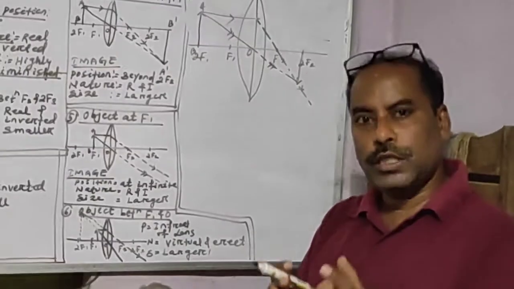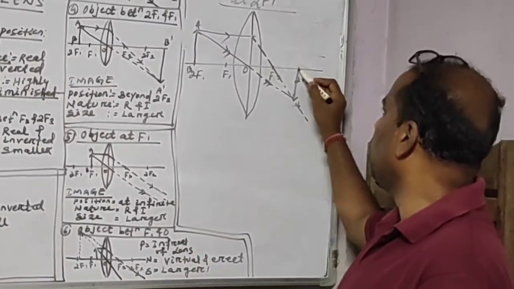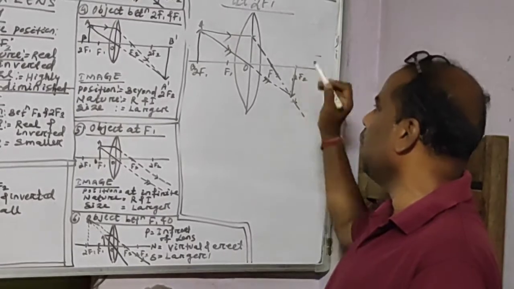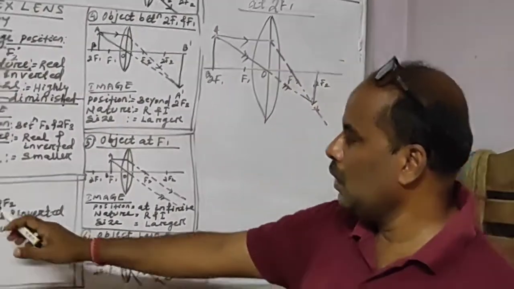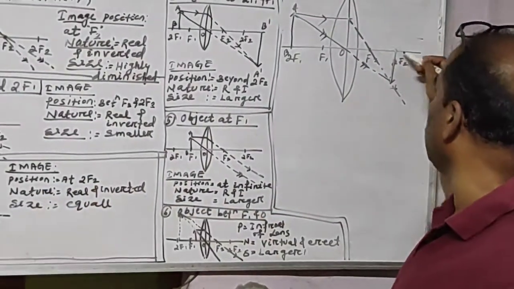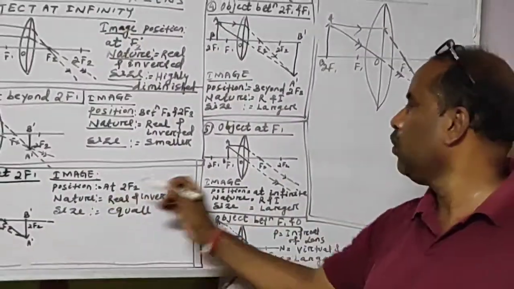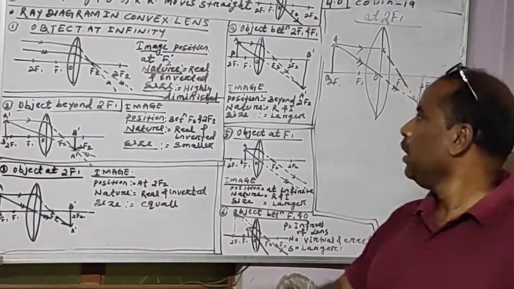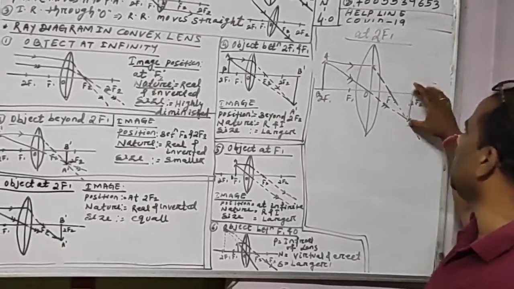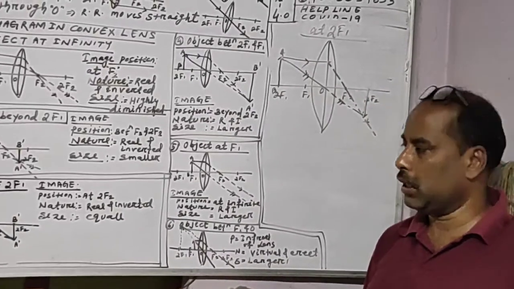You have to take very much care in this case, so that it is formed exactly on the point and the size will be the same. So I have given here the position will be at 2f2. This is 2f2. Then the nature will be, this side means real and inverted, and the size, if it is 5 cm, definitely it will be 5 cm, equal size.